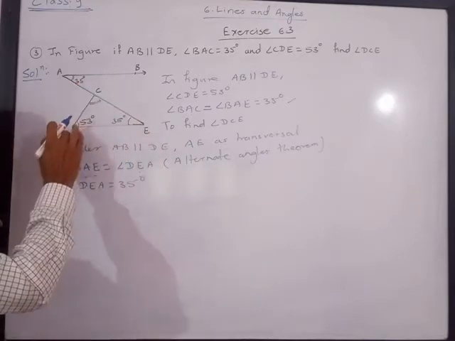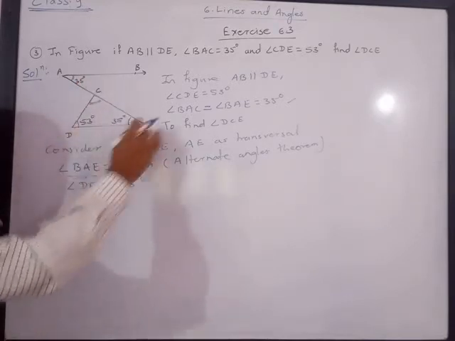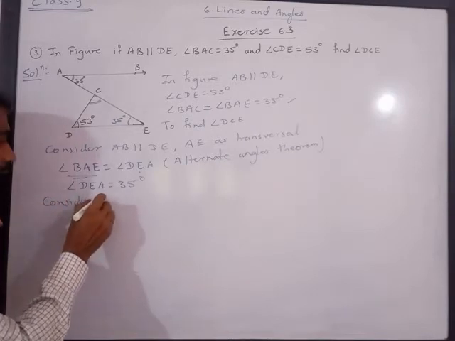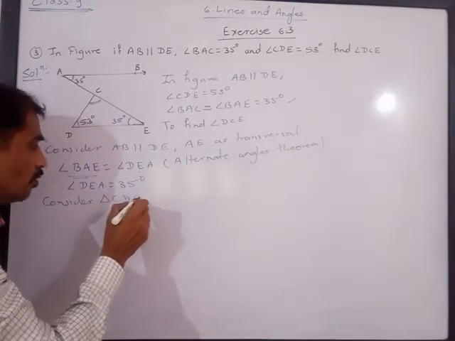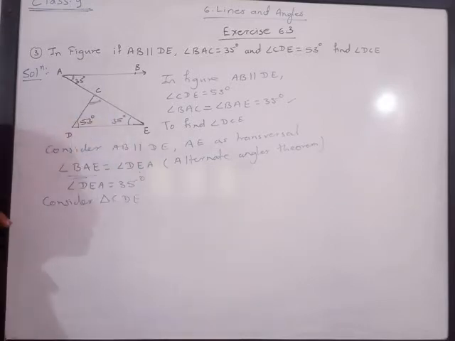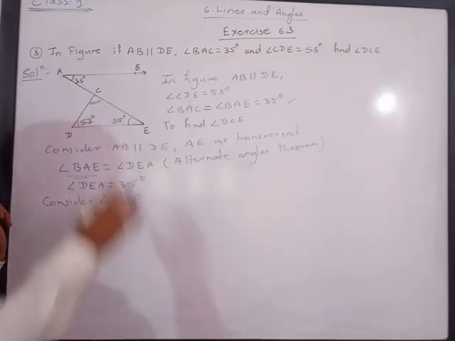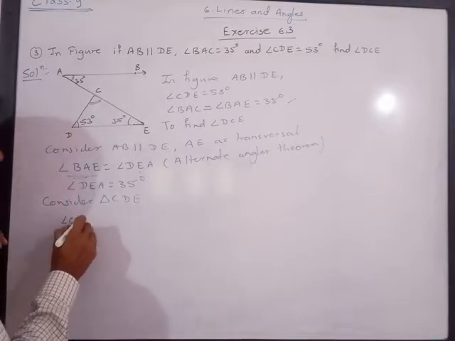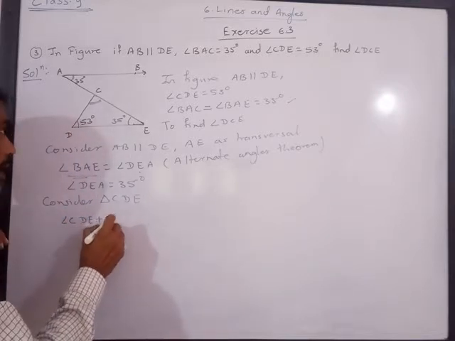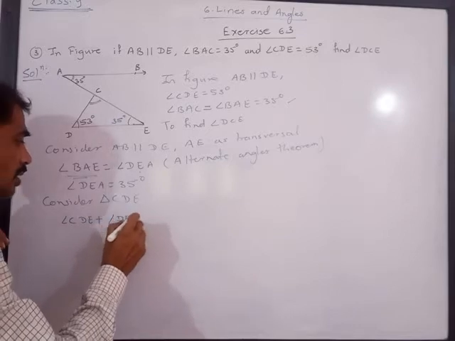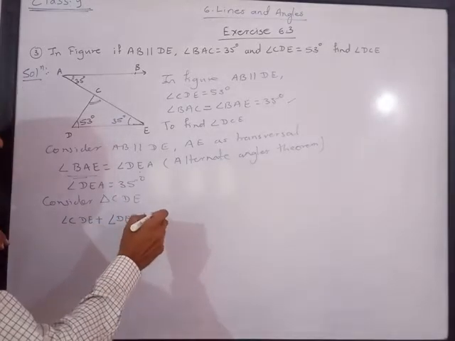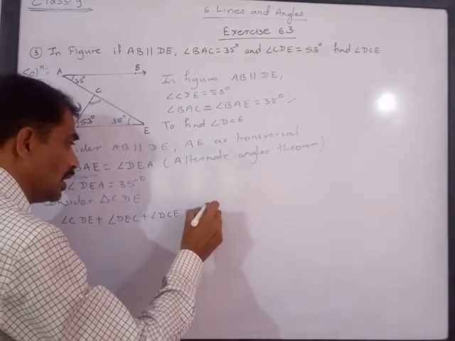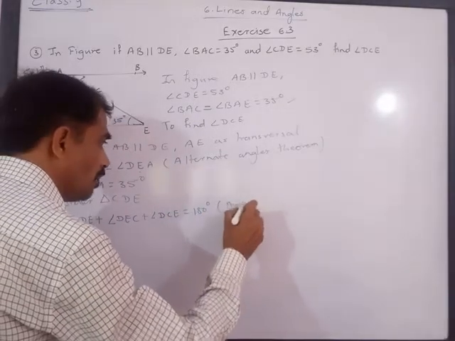Now consider triangle CDE. We know that the sum of interior angles of a triangle is 180 degrees. That is the angle sum property of the triangle. So we will get angle CDE plus angle DEC plus angle DCE is equal to 180 degrees.